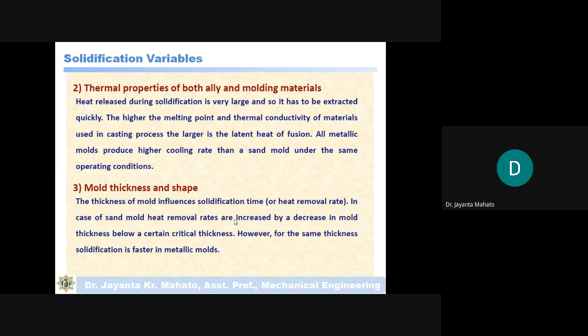Obviously, in the sand mold casting process, the solidification rate or cooling rate is low because sand has low thermal conductivity. So in most cases, the mold material should have high thermal conductivity, and a higher cooling rate is desirable.